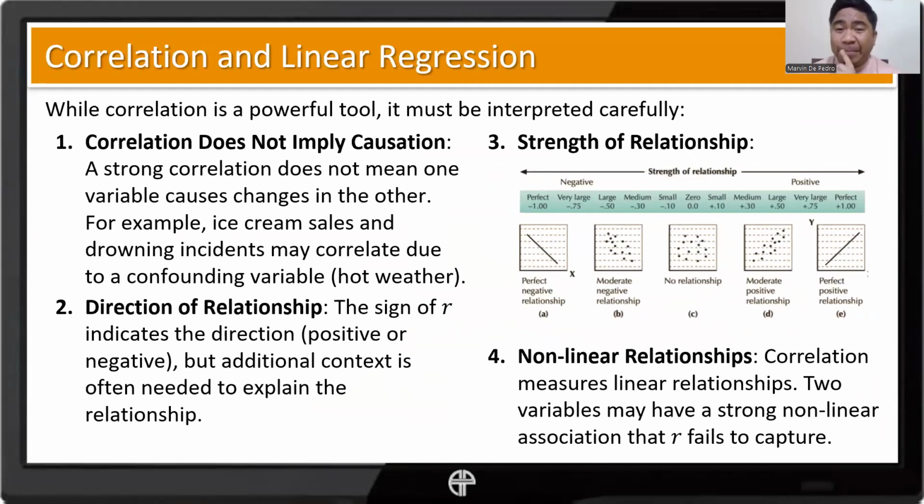Number four, take note that nonlinear relationships also exist. Correlation measures linear relationships, and two variables may have a strong nonlinear association that R fails to capture.